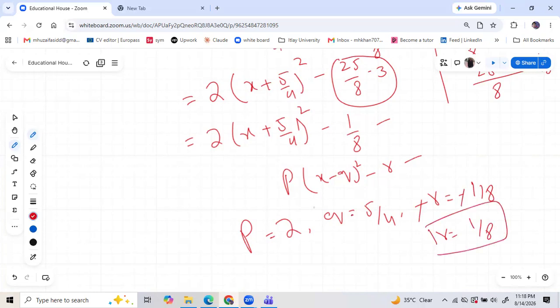Our R value is this one, our Q value is this one, and our P value is this one.